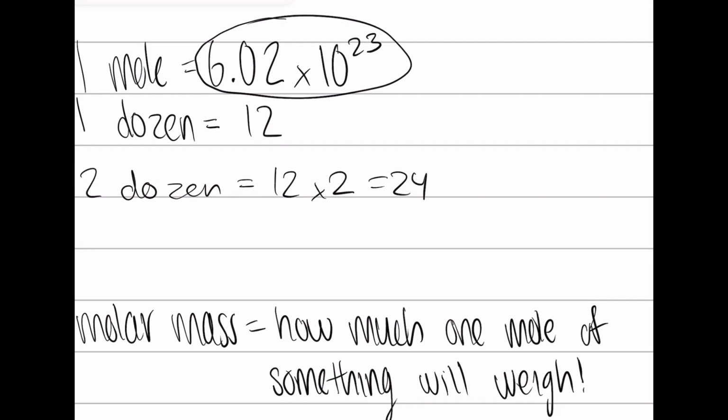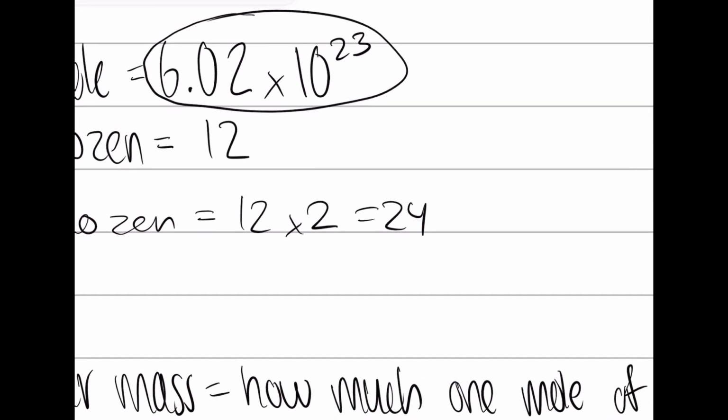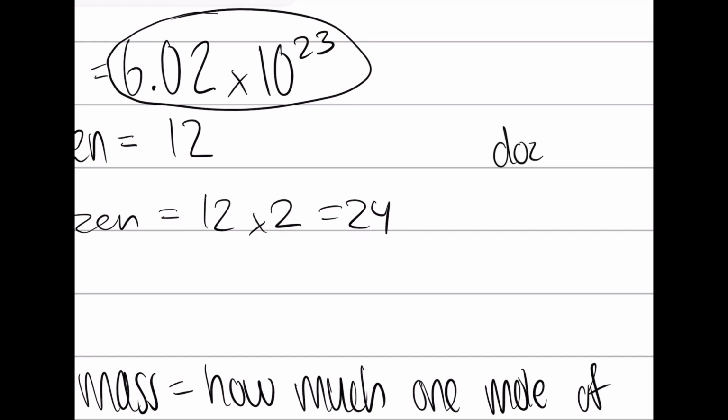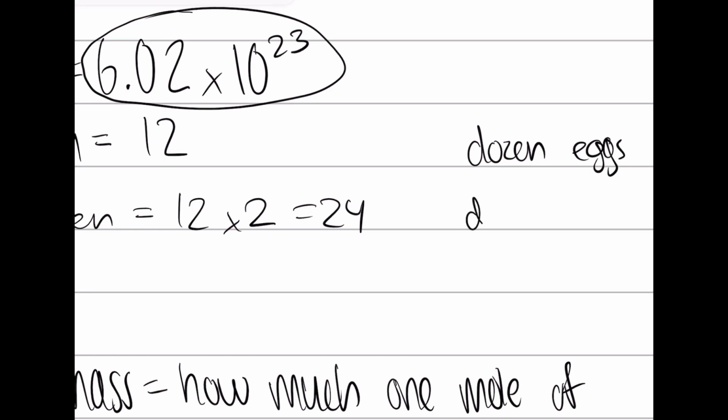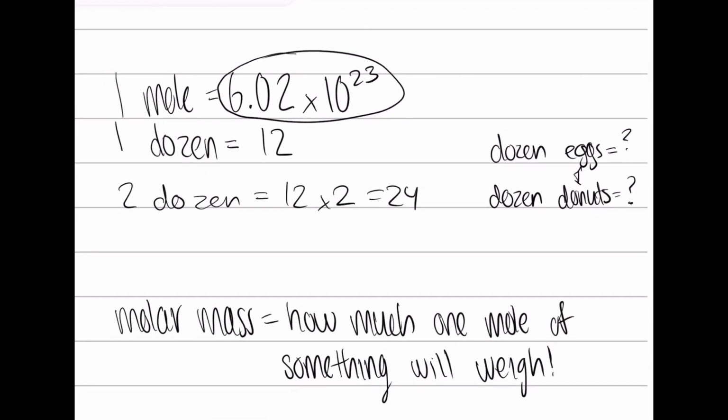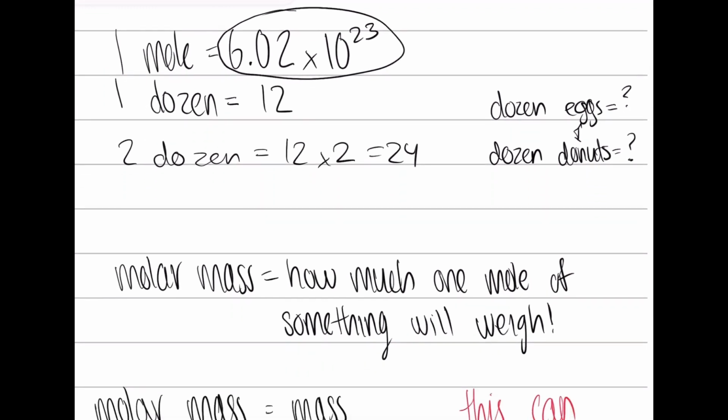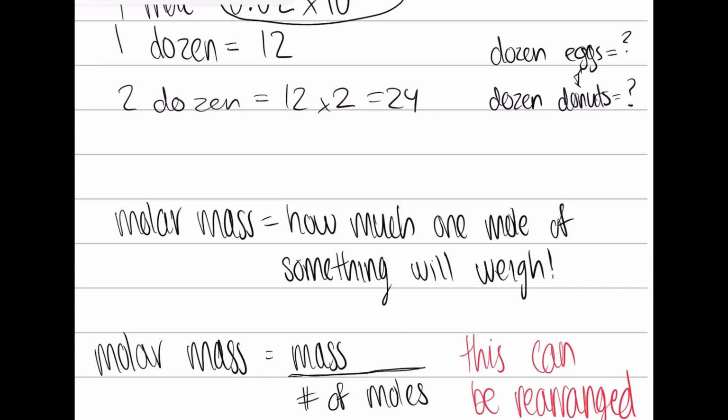So maybe a simpler way to think about it is, let's say you have a dozen eggs and then you have a dozen donuts. They're two different things. So a dozen of each of them is not going to weigh the same. They're going to have different dozen weights, or in this case, since we're looking at moles, they're going to have different molar masses, okay?